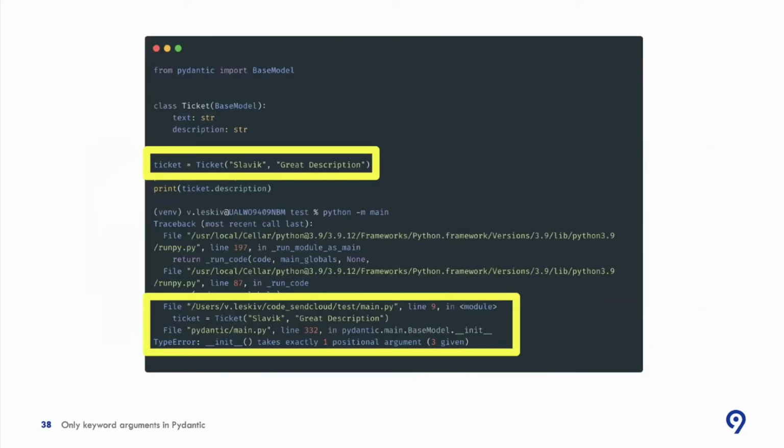And one thing I like about Pydantic is that it's very strict. So for example, here, it really wants me to say the text is Slavic and the description is Greek description. It doesn't want to do it automatically for you. It's like, hey, please define it how you want it. And I really like this because it's strict, it makes you work more.